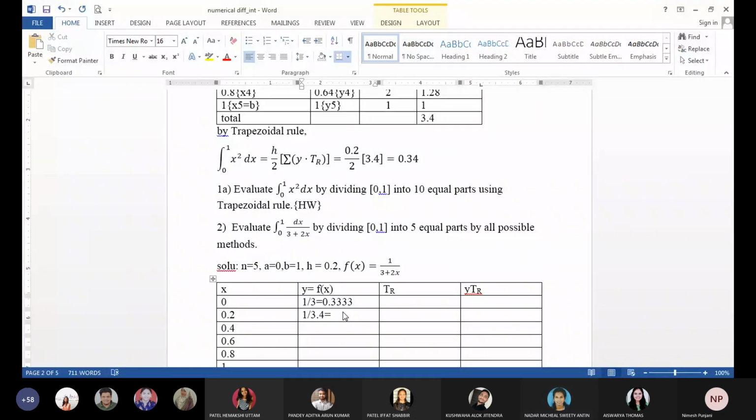Now we will write this in decimal: 0.2941. I hope it is clear to others. Yes, Himakshi, is it clear? Yes sir, clear.